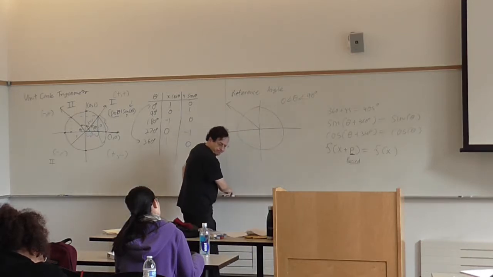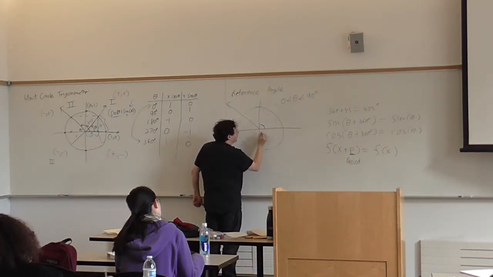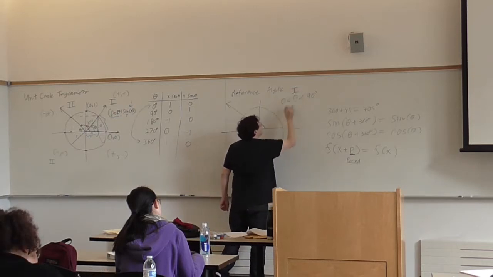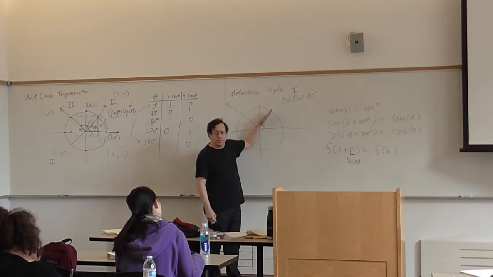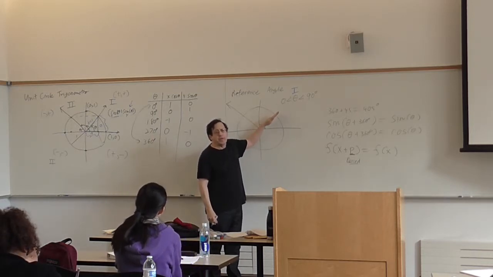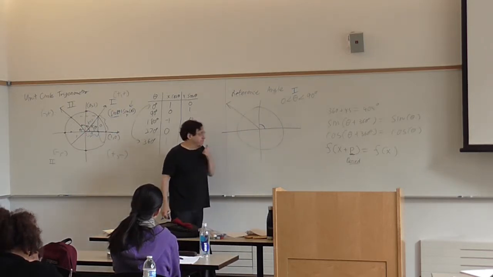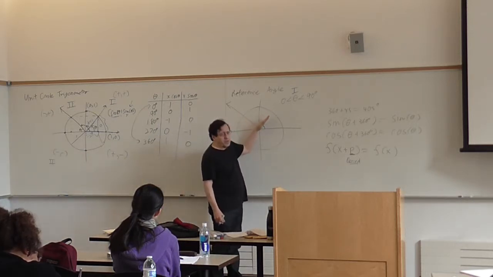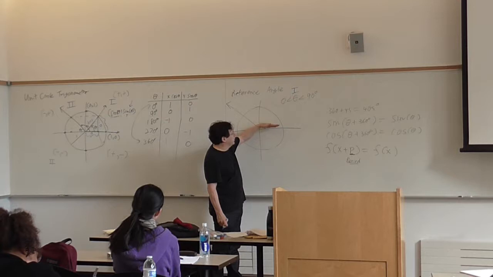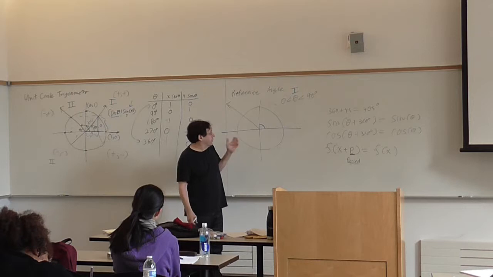So reference angles are all over here in the first quadrant. If you have an angle in the first quadrant, its reference angle is itself. And so, just take note that the sine and cosine of an angle between 0 and 90 is the same as the sine and cosine of its reference angle, because they're the same angle.